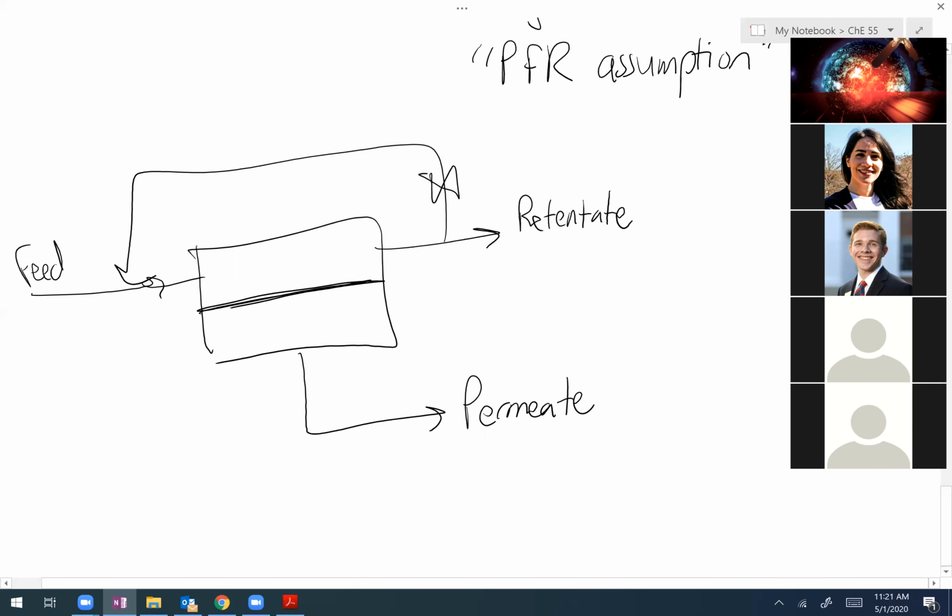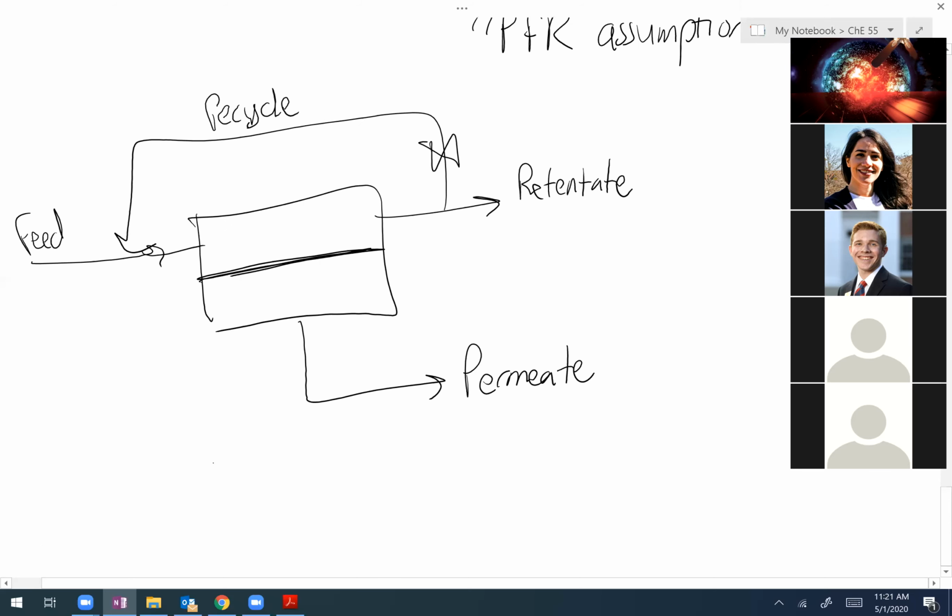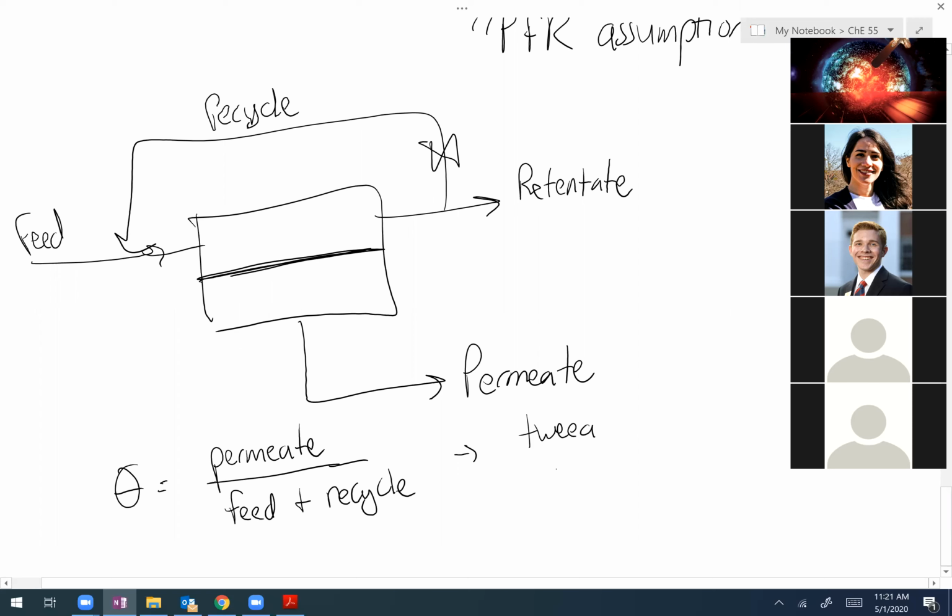Now my stage cut looks different, right? Now my theta is going to be my permeate over my feed and my recycle. And what this allows me to do is tweak theta as an operational parameter.